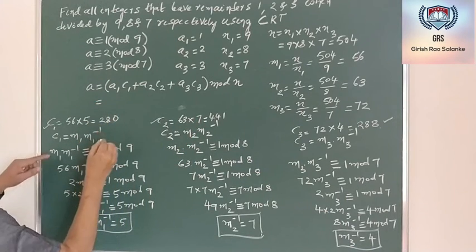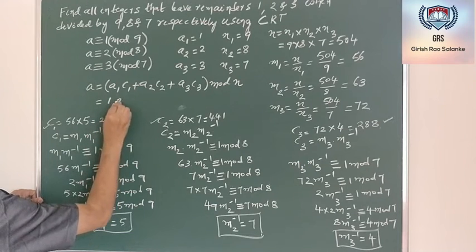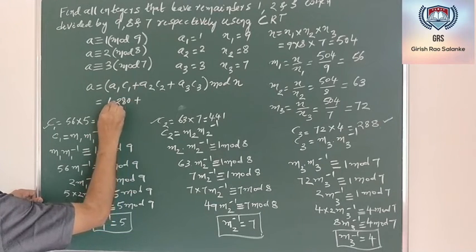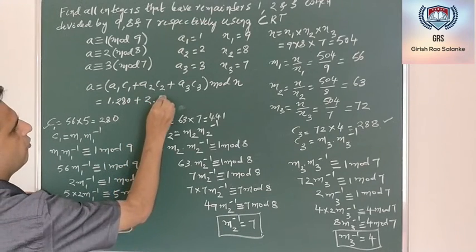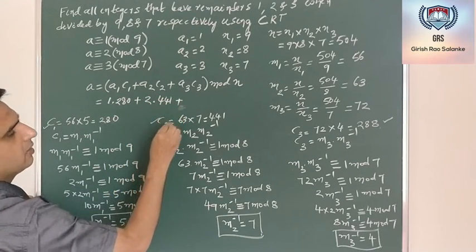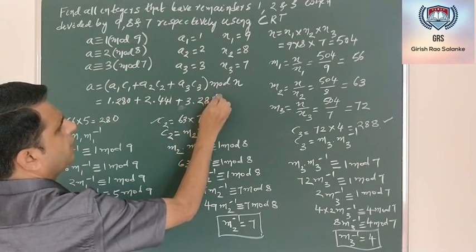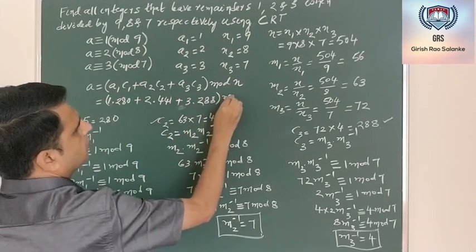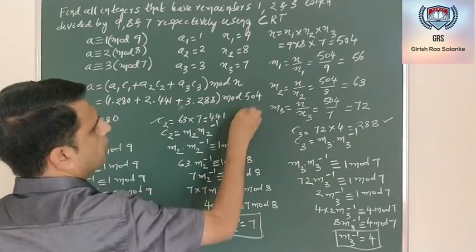This is A1. What is A1? 1 into C1, 280, plus A2. A2 is 2 into 441 plus 3 into 288. The whole thing is performed with mod 504.